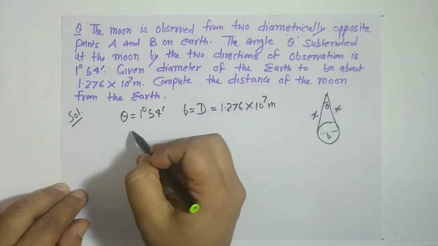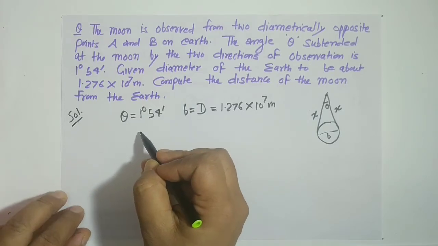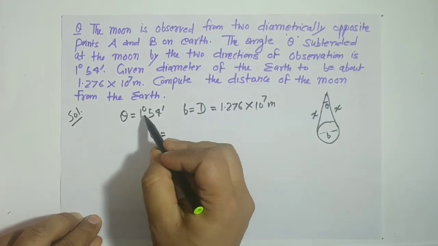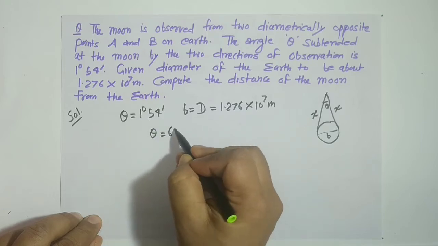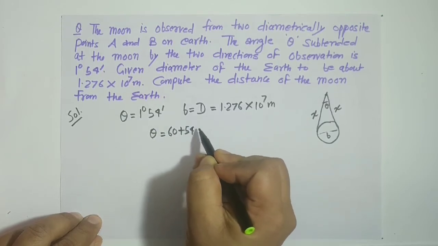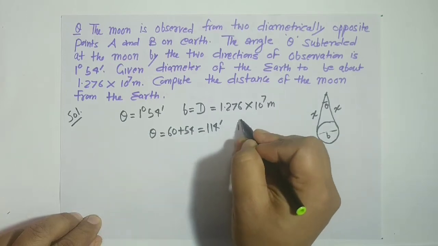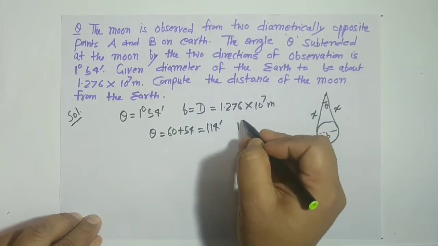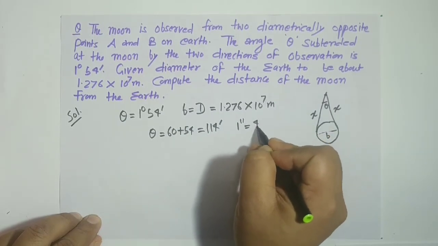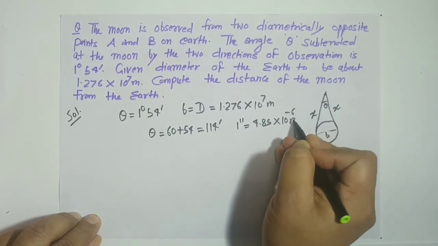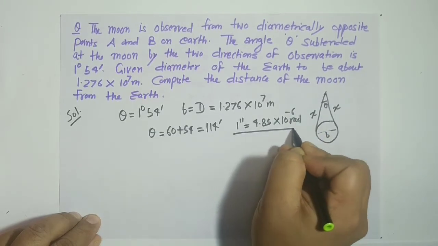Now what is the angle? 1 degree 54 minutes. So we will convert it. Theta, 1 degree 54 minutes, can be written as 1 degree is 60 minutes, so 60 plus 54, that means a total of 114 minutes. Now in 1 second we have the data of 4.85 into 10 to the power minus 6 radian. We have discussed it already yesterday.